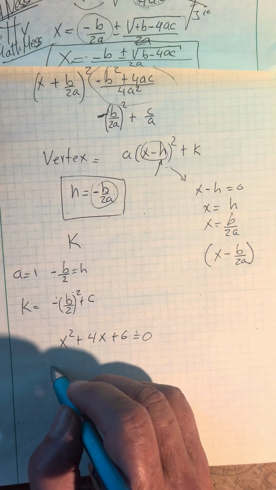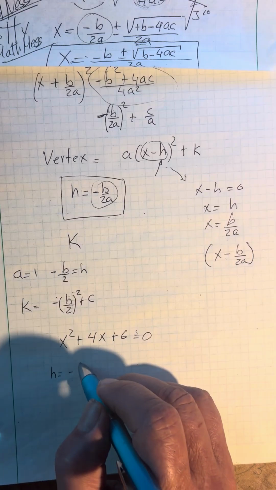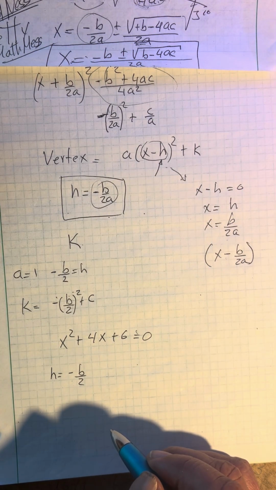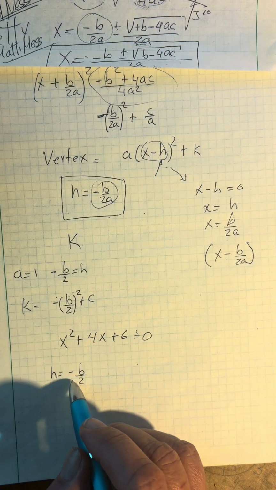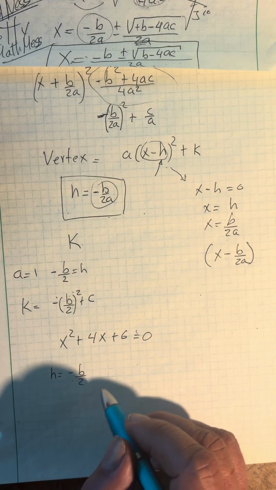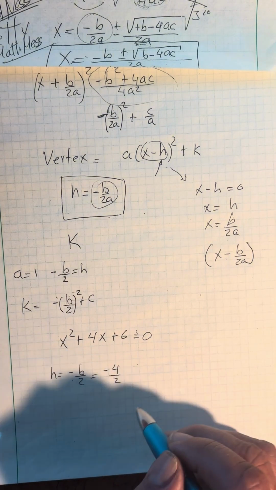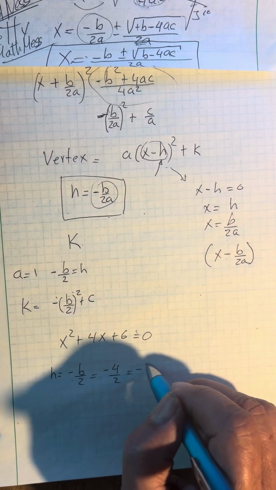So we say, well, h is equal to minus b divided by 2. So then this will be equal to minus 4 divided by 2, which is equal to minus 2.